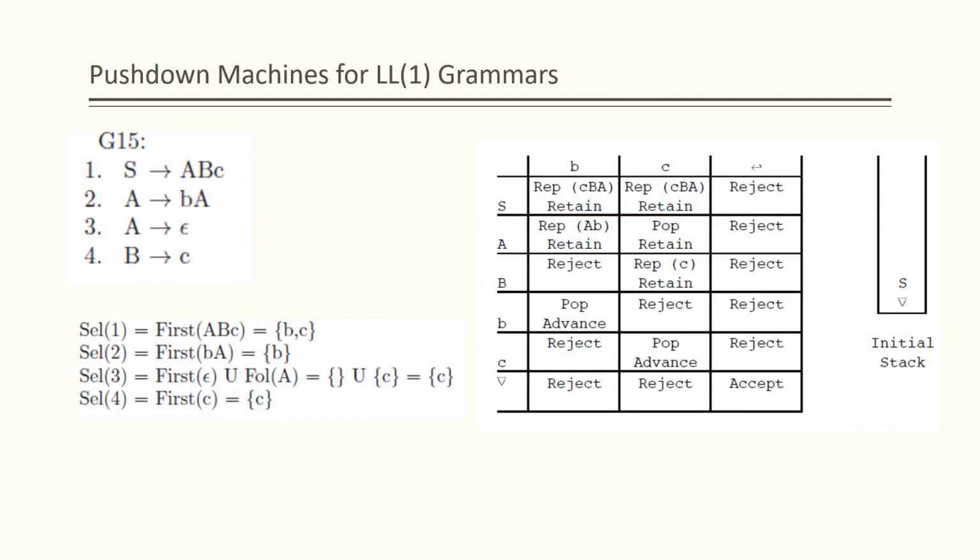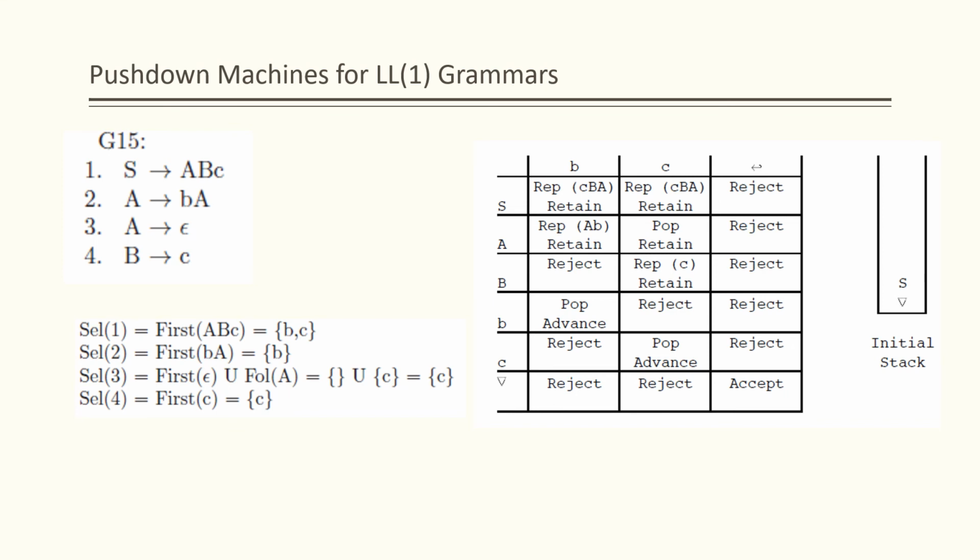Now we look into the pushdown machine for the LL1 grammar. We have found the selection set for each of the rules inside G15, so now we can construct a one-step pushdown machine for G15. Why is the selection set important here?